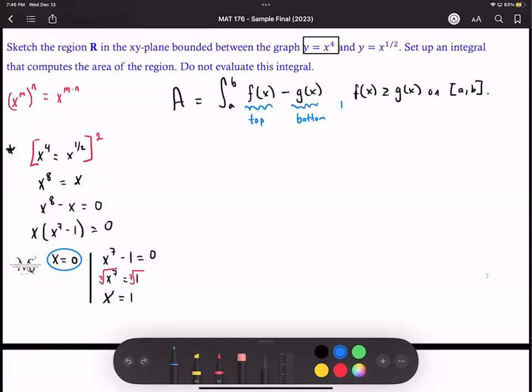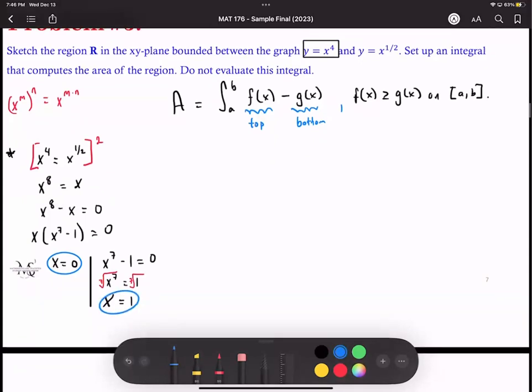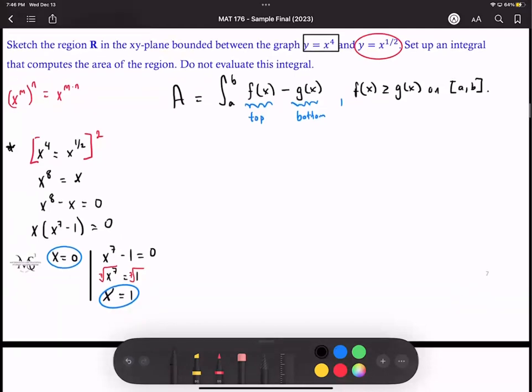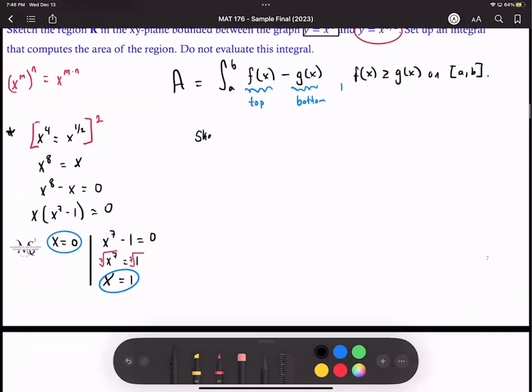So those are my 2 points of intersection. You could have probably gotten these two values by just comparing your two functions and thinking about what values of x will make them both equal. I think you would have probably got 0 and 1 just doing a little mental math, but here I just show it. All right, so now I'm going to make my sketch.